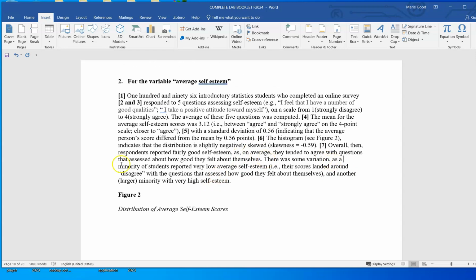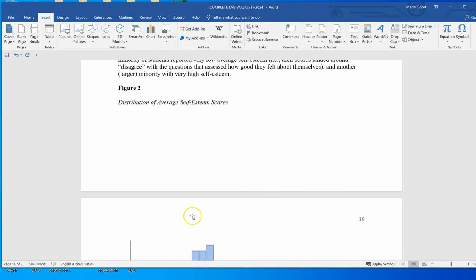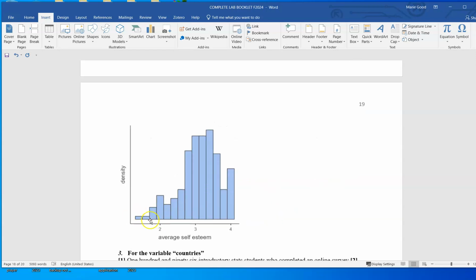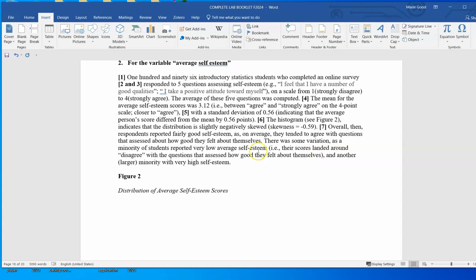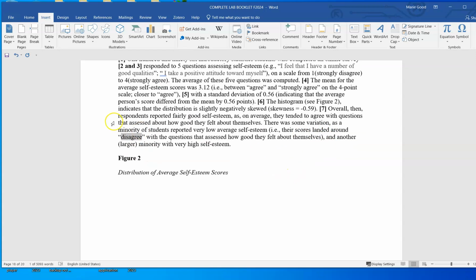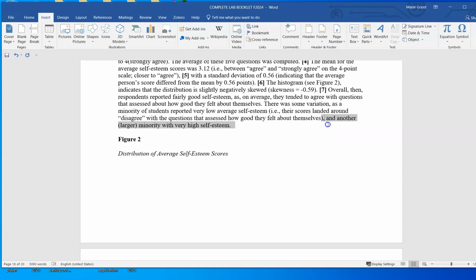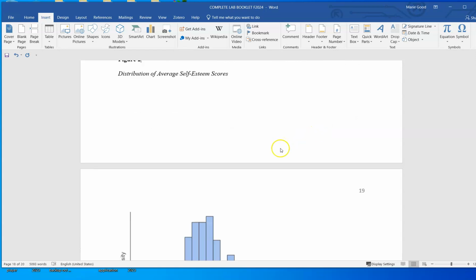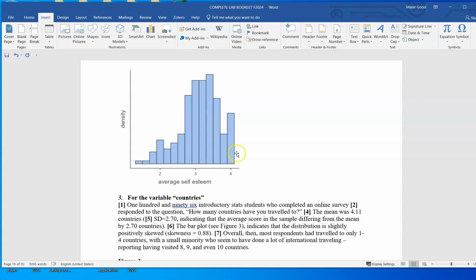But you say there was some variation as a minority of students reported very low average self-esteem, because there are some students whose scores are landing around disagree with questions that assessed how good they felt about themselves. And there was also another larger minority with very high self-esteem.